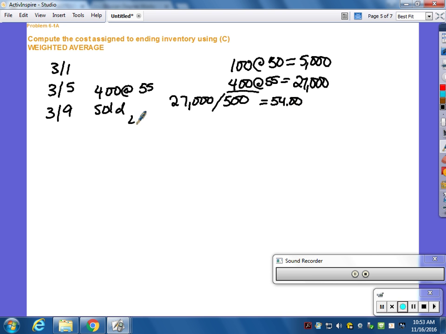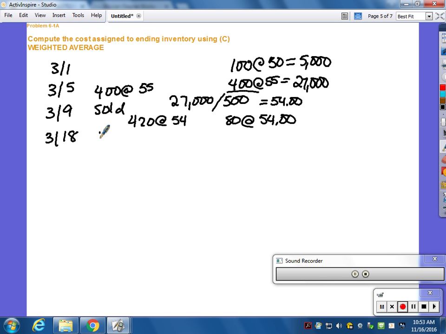So that is what we're selling these items for. So we sold 420 items at $54, which means we had how much left in inventory? 80, right? 500 minus 420 sold equals 80 units left, and they're at what new price now? $54. Next date was March 18th. And what did they do?